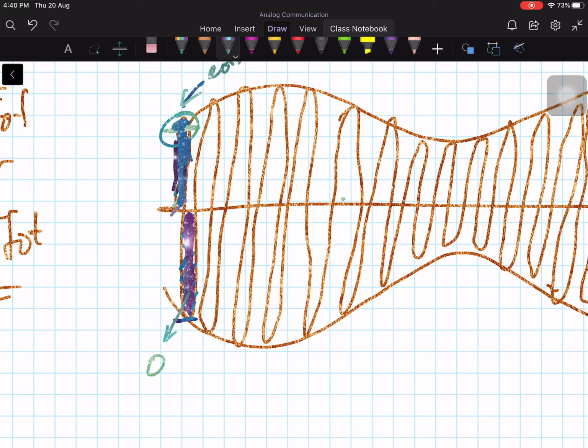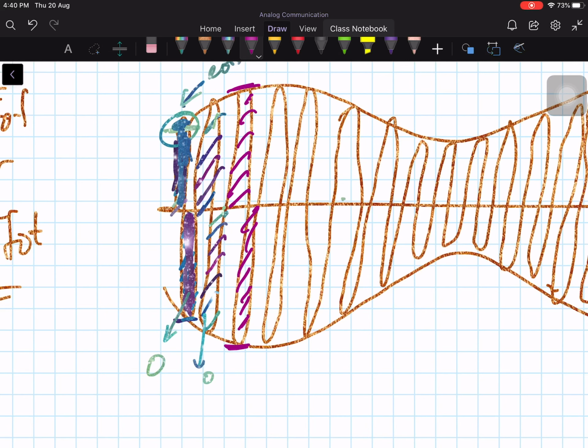Then take the next half cycle, this half cycle and this half cycle, and if you integrate, again you will get 0. Then take the next half cycle, this one and this one, because in this interval the signal does not change, it is like a sine wave. Therefore cycle by cycle, if you integrate, you will finally end up with 0. I am integrating from minus infinity to plus infinity.